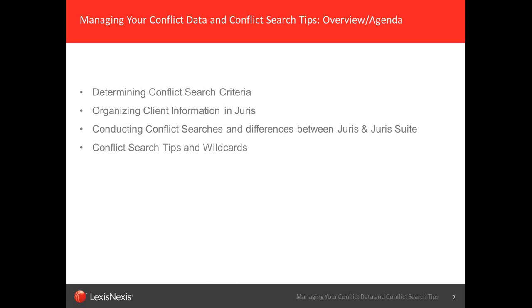I know not everyone has Juris Suite. Juris Suite has a conflict search product in it also. We'll cover both of them in this. And then we'll finish up with the search tips and how to use wildcards and effective search logic.